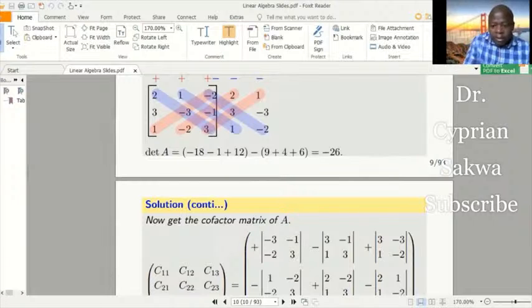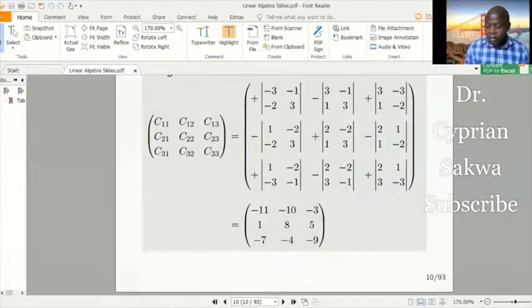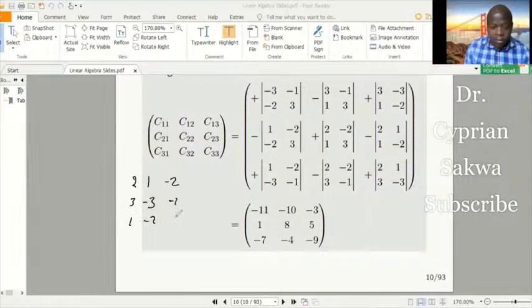Let me write it so that as we refer to it, it becomes easy.